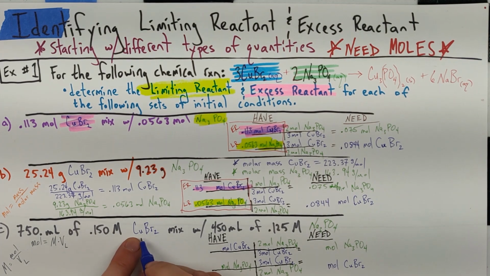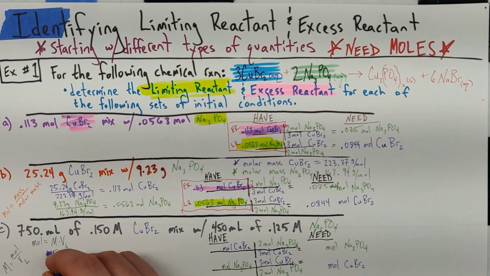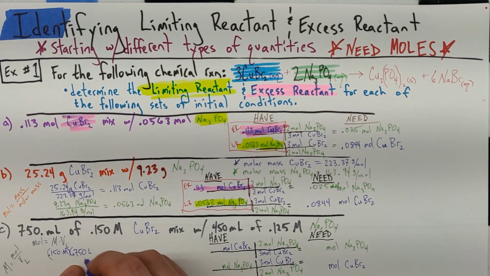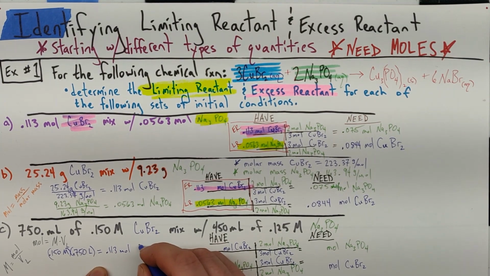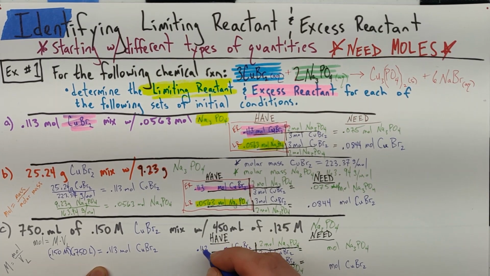We have for the copper 2 bromide 0.150 molar times 0.750 liters, and there's a quick sleight of hand turning milliliters into liters, and we end up with 0.113 moles of that copper 2 bromide. And that's 0.113 right there.